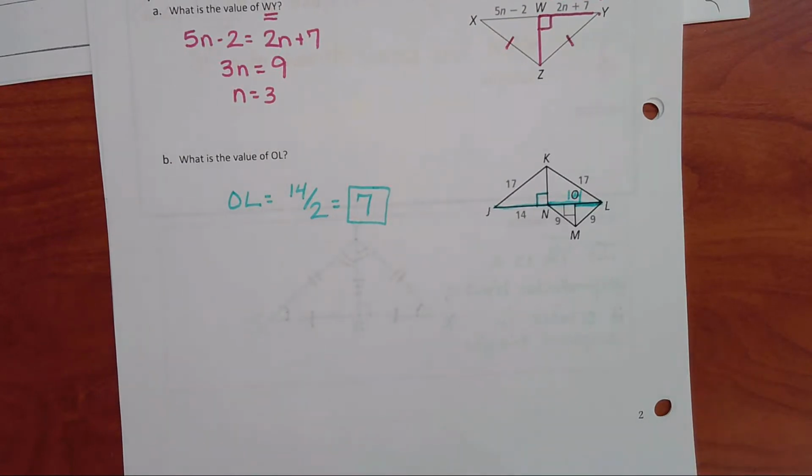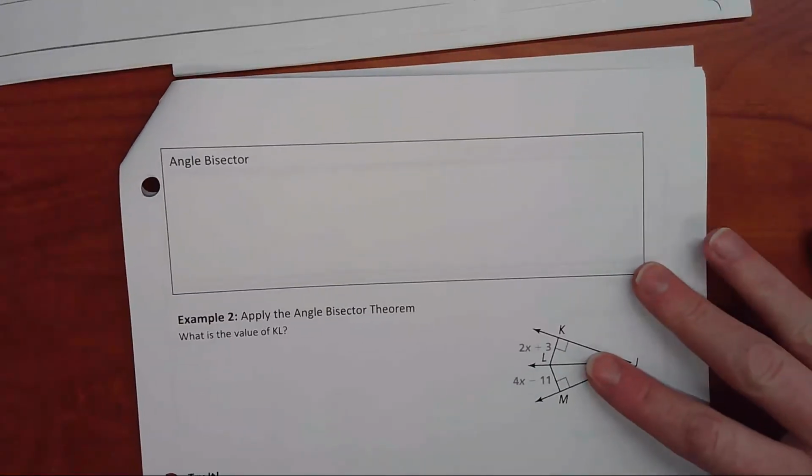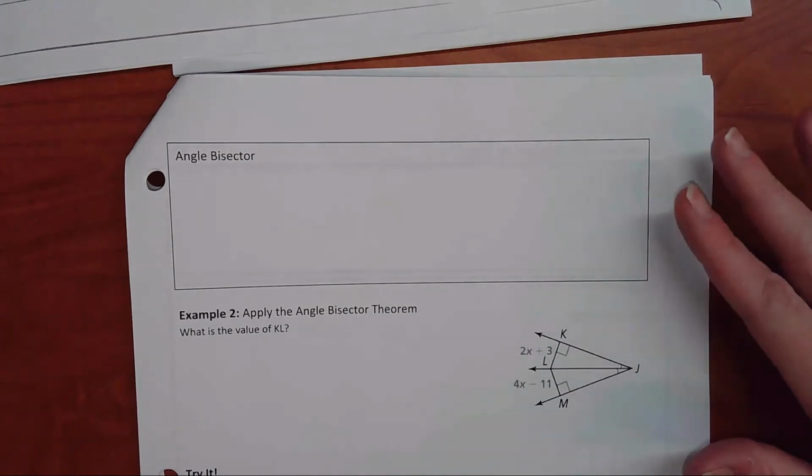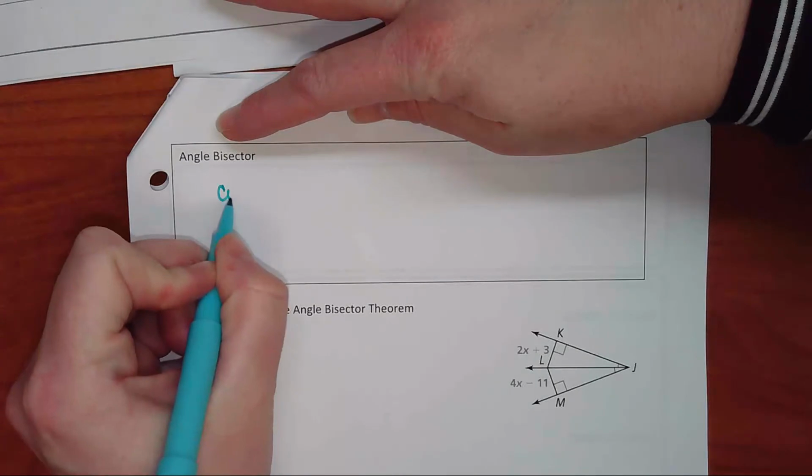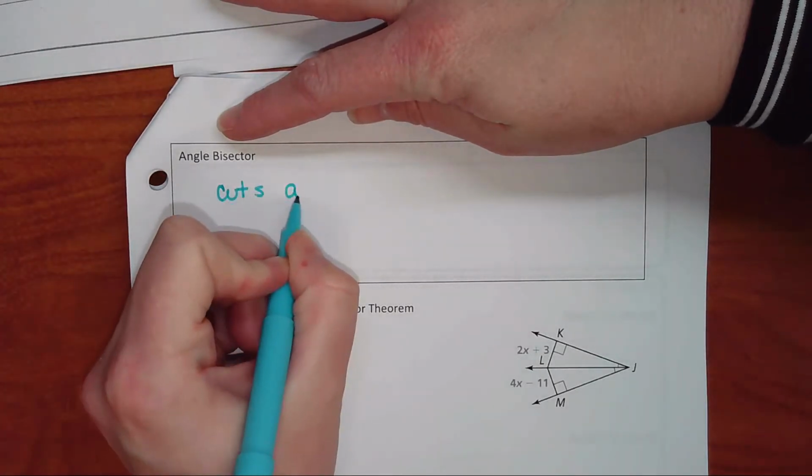So those are perpendicular bisectors. Now, angle bisectors basically is going to do the same type of thing. So what an angle bisector is, you're getting a 2-for-1 deal on this Friday. What an angle bisector does is it cuts angles.